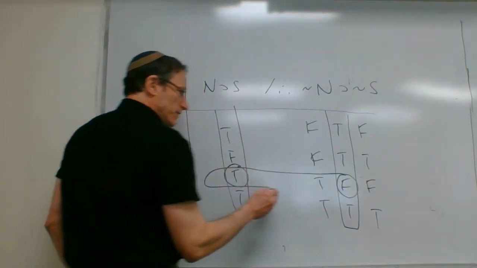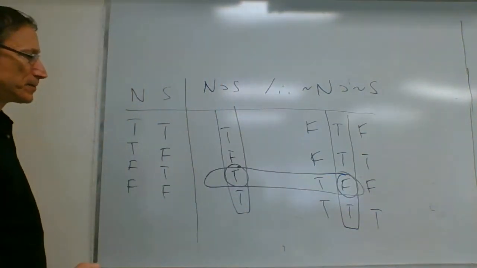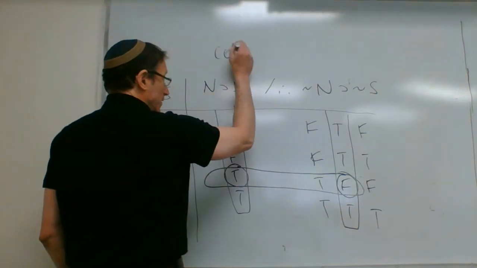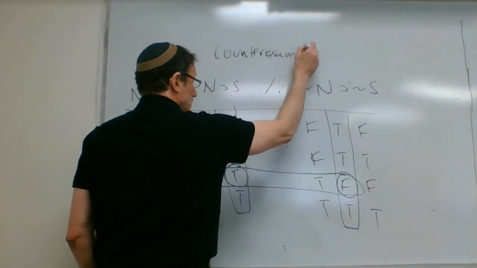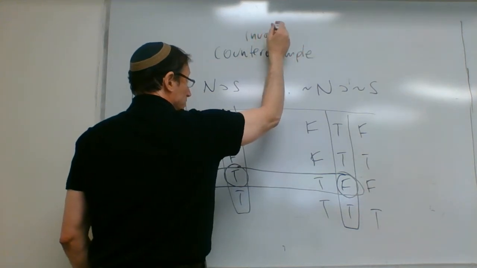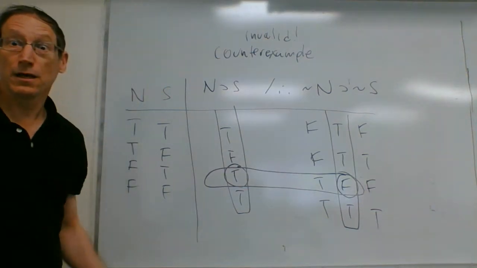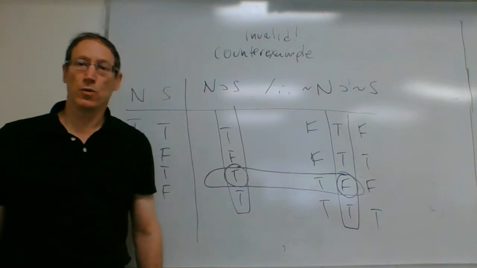So this row right over here is a counterexample. It is possible for the premises to be true and the conclusion false. So I say counterexample, invalid, that's what you've got to do with Roman numeral 1.